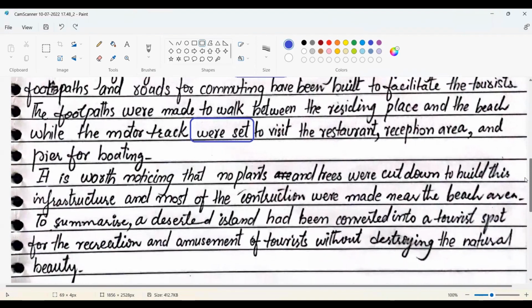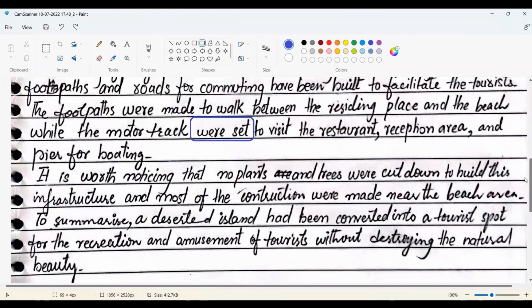Okay, then we continue. It is worth noticing that no plants and trees were cut down to build this infrastructure, and most of the construction was made near the beach area. Even if we don't say "area," that also makes complete sense: near the beach.